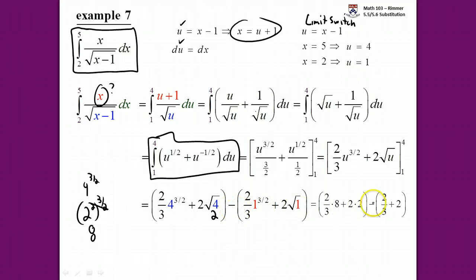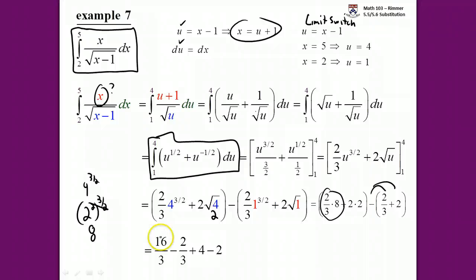And then the subtraction is from the fundamental theorem, upper limit evaluation minus lower limit evaluation. So we have our 16/3 plus a 4 minus our 2/3 minus a 2. Distributing the minus across and making this guy 16 over 3.